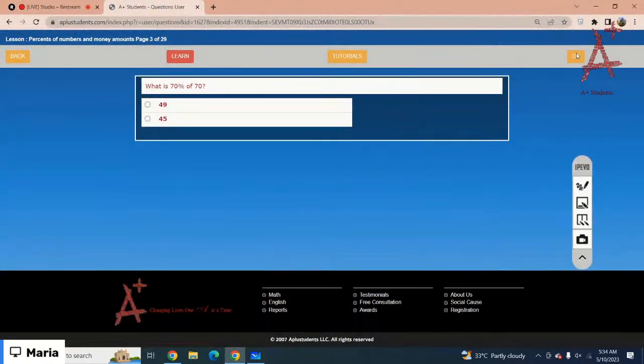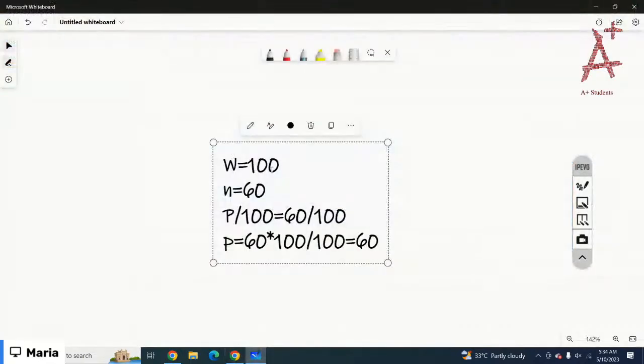Okay, the next one is 70% of 70. You need to calculate 70% of 70. The whole is 70, so it would be P divided by 70 equals 70 divided by 100.